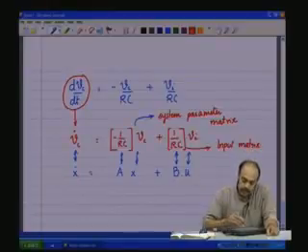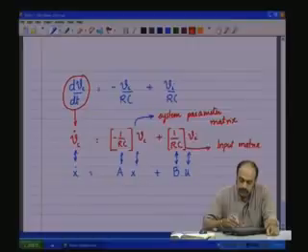And if there are more than one state variable, x is a vector. If there is more than one input variable, then u is also a vector.